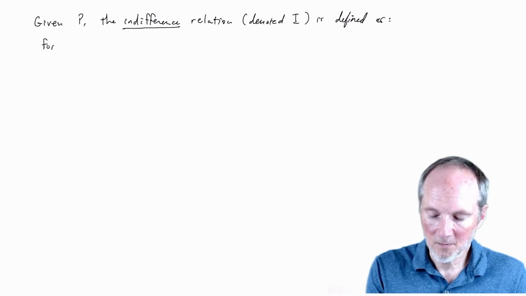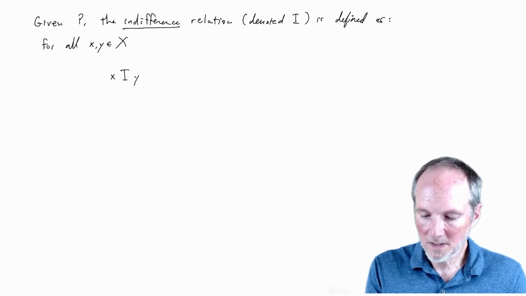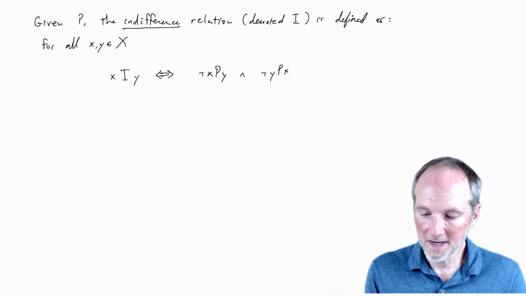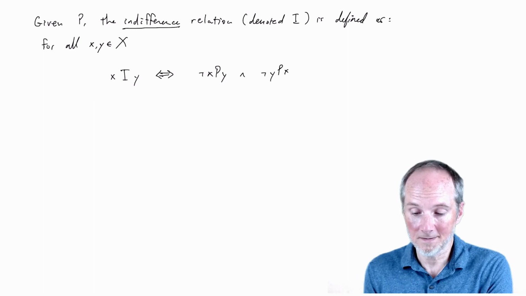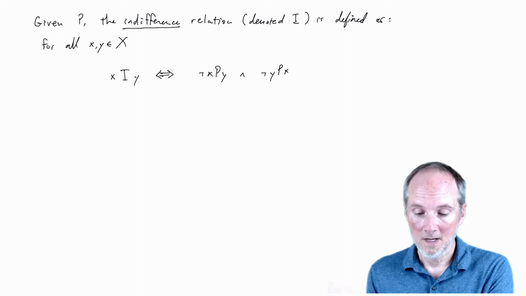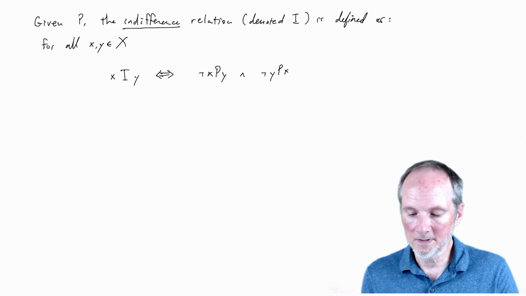Formally speaking, given any two alternatives x and y, indifference holds between them if and only if it's not the case that x is preferred to y, and it's not the case that y is preferred to x. What that means is there's no strict preference between them in either direction. If neither is strictly preferred to the other, we're going to say that they're indifferent. They're equally good to the decision maker.